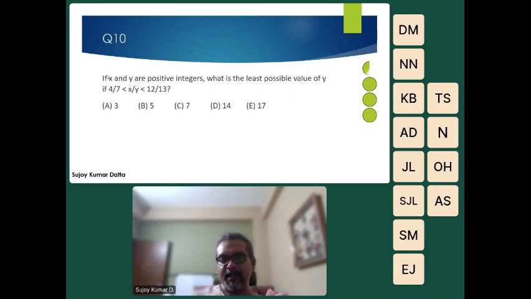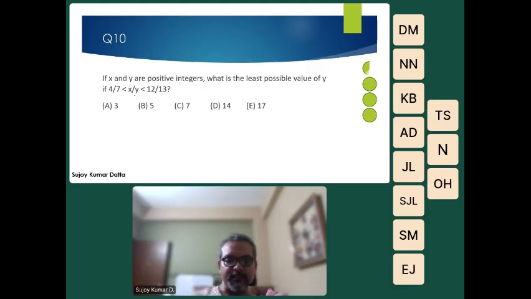I want y in terms of x because I want to find y, right? So what I do is take the reverse of this. Let's say I have x over y less than, just saying, 2 over 3. Then if I reverse it, y over x will become greater than 3 over 2, right? The inequality sign also reverses. So we are going to do that.